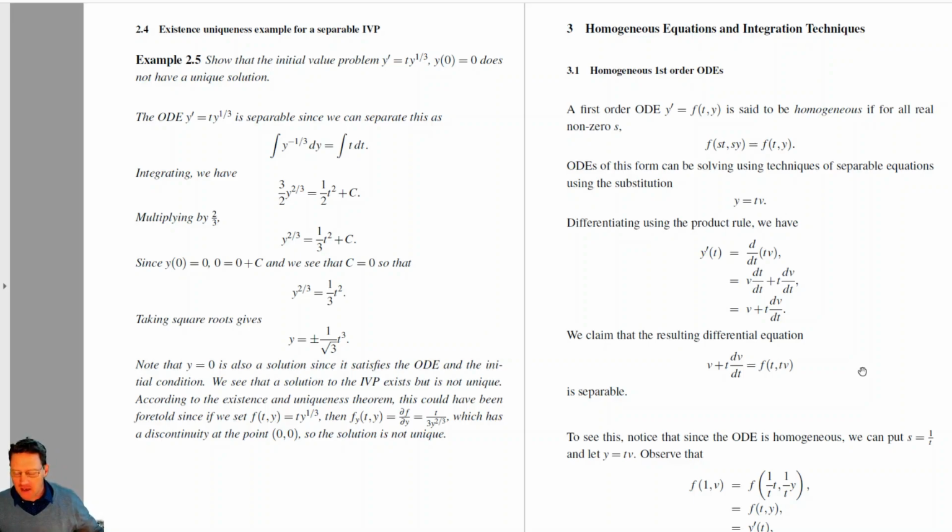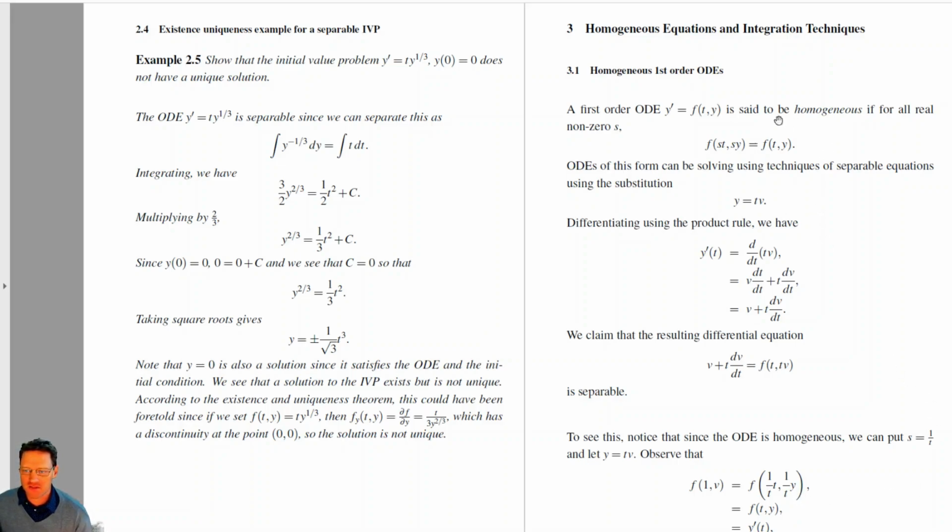Notice that the ODE is homogeneous. Since the ODE is homogeneous, we can put s equal to 1 on t. So up here we let s be just 1 on t, and we let y equal tv as we've done above. So f of 1 comma v is the same as f of 1 on t times t, where our s is 1 on t, and the second part is 1 on t times y.